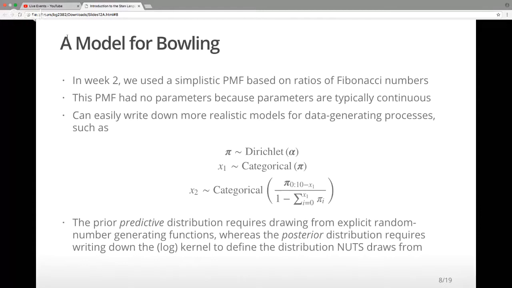So consequently, we divide by 1 minus, that should be starting from 10 and going back, the probability of the left out elements of pi added together, and then we divide by 1 minus that sum. We now have a shorter simplex vector, but it's non-negative and adds up to 1, and so it's suitable for use on the second roll of a frame of bowling.